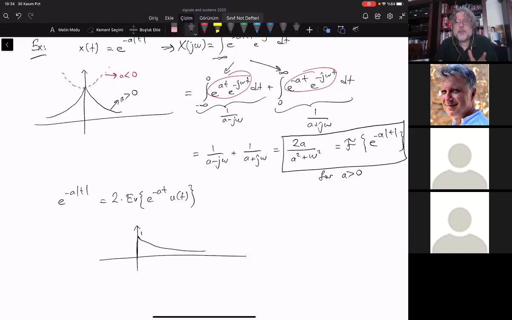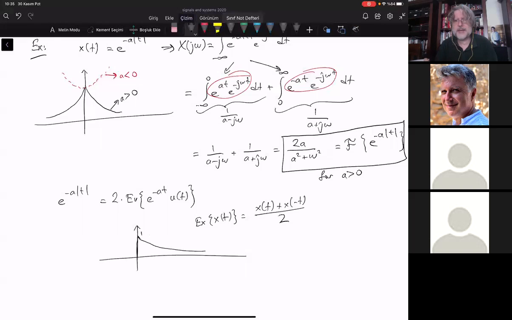What is the even part of a signal? How do you find the even part of a signal? The even part of x of t is equal to x of t plus x of minus t, over 2. That's simple. You have x of t itself, its flipped around version, x of minus t, you add them up and you divide by 2.